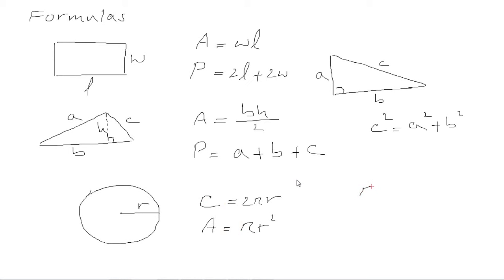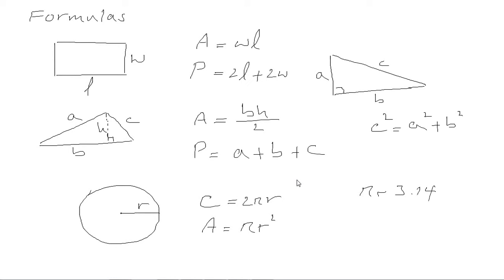That's about 3.14, and you can get pi from your calculators. And r is the radius. So these are the formulas that we very often use in the problems of algebra.